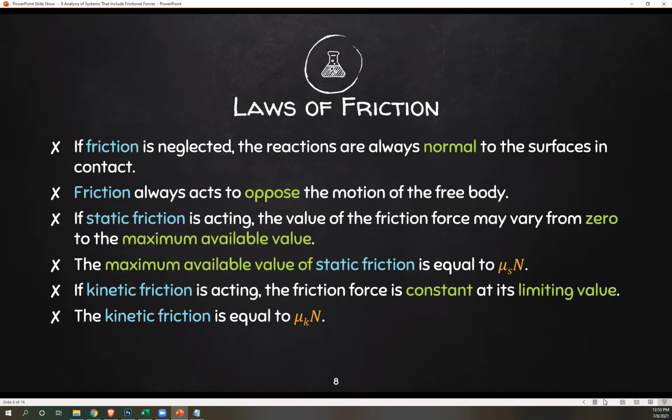Next, if static friction is acting, the value of the friction force may vary from 0 to the maximum available value. So, in short, static friction, depending on the situation, can vary. And then the maximum available value of static friction is equal to mu s n, where mu s is your coefficient of static friction and n is your normal force.